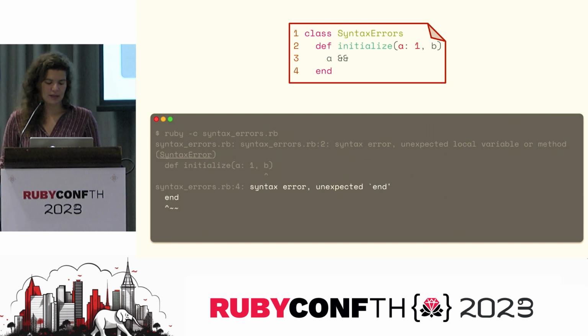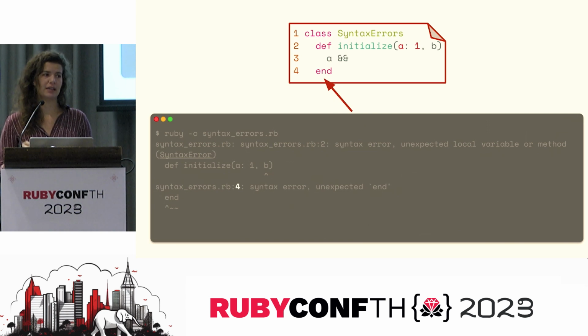And the second thing it's saying is syntax error, unexpected end. Right? Looking at this, we can see we're missing an end. Is that what it's talking about? But no, it's talking about the trailing after the ampersand. It got this end, and it wasn't expecting the end because it was expecting something else.